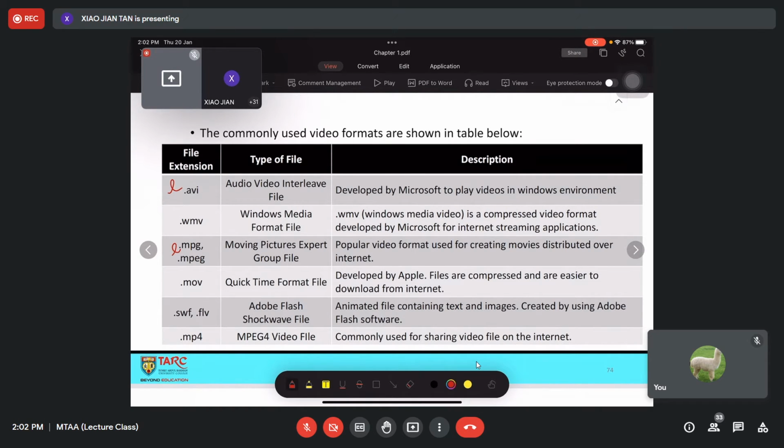Okay, and we don't really have the best video extension, or for example for audio as well and for image as well, we don't have a best extension. It's very dependent on your application. Let's say you want to store the image, but you don't need a very high resolution image. Please select JPEG.